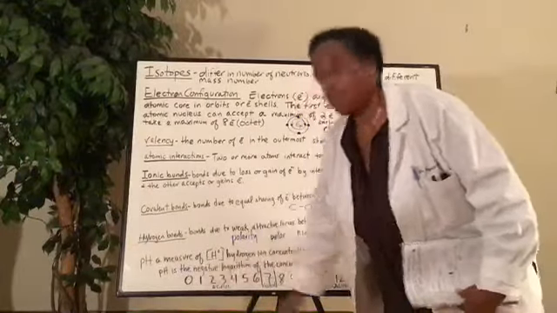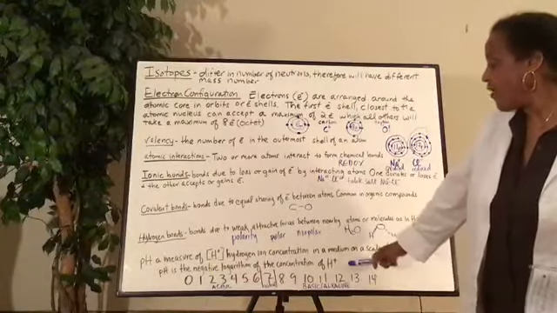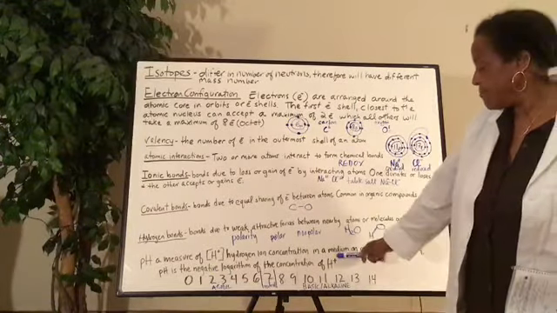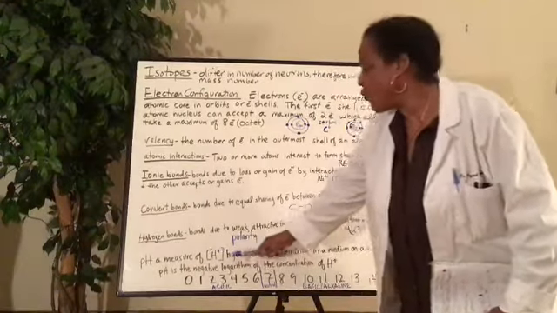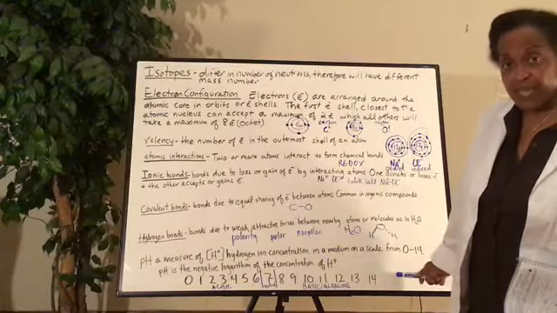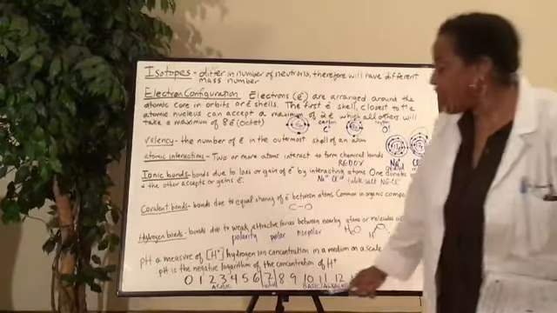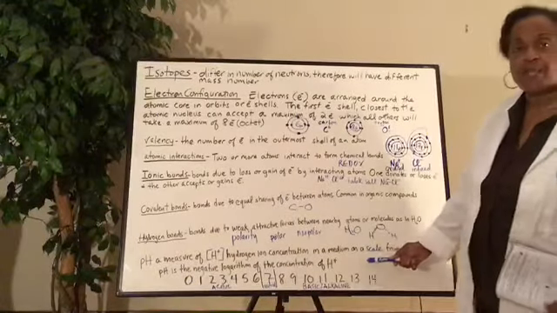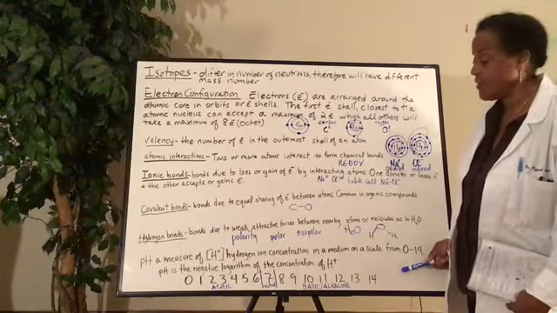The pH definition is the negative logarithm of the concentration of hydrogen ions. So that's what we're measuring when we're looking at pH. Here I have a scale from 0 to 14, because we know that pH is measured on a scale from 0 to 14 all over the world.